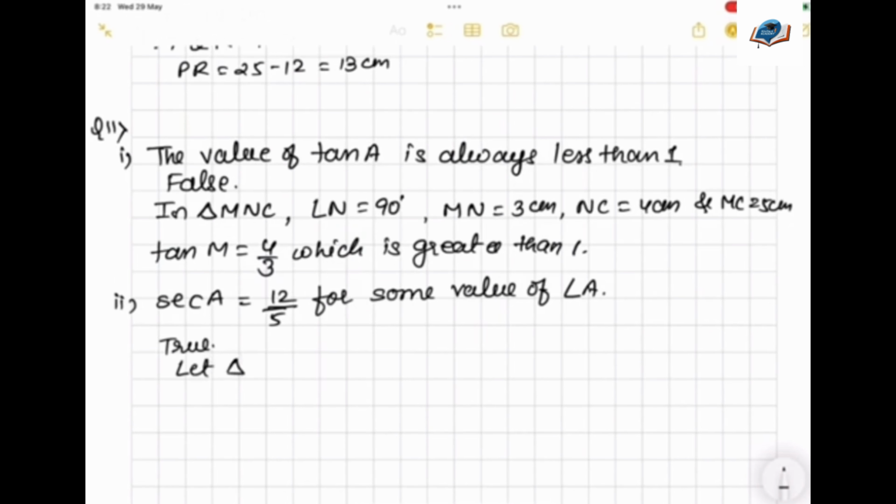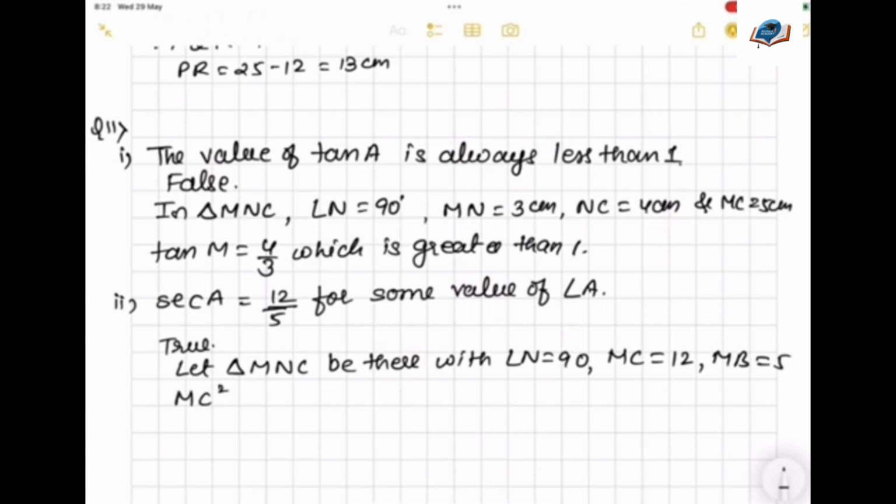Let triangle MNC be there with angle N equal to 90 degrees, MC equal to 12, MN equal to 5.